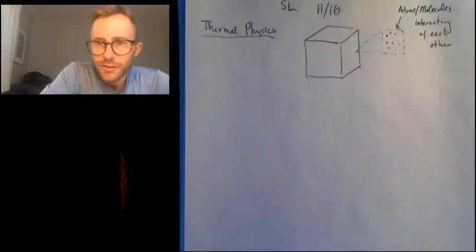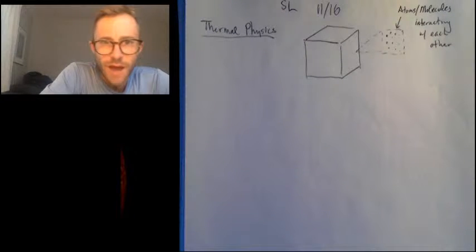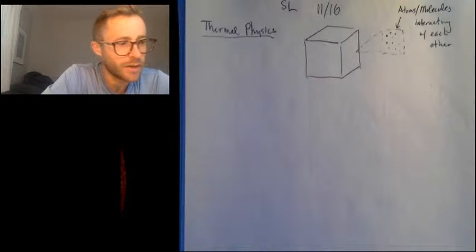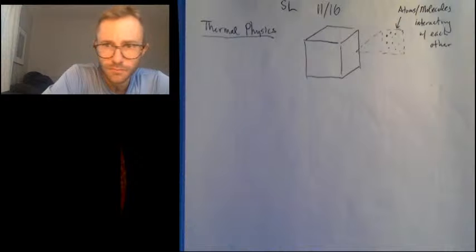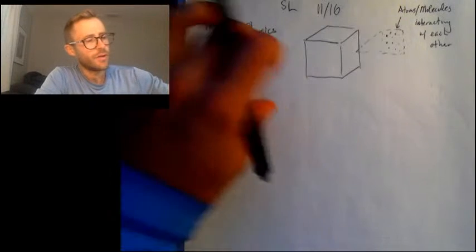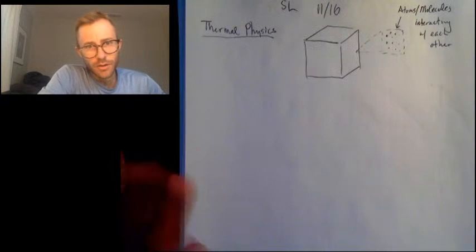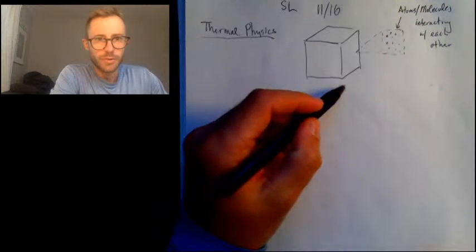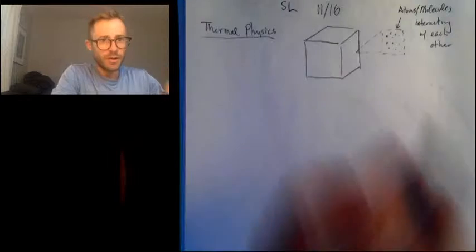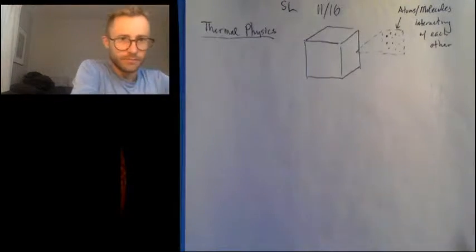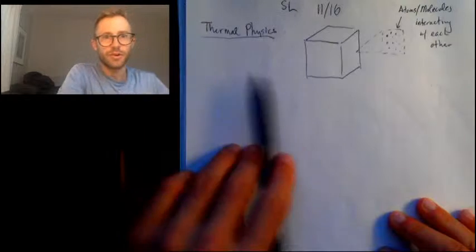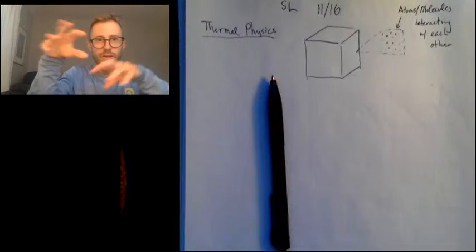Okay, and so this is happening at the microscopic level. So this block could look to our human eyes as just being completely still, but if we were able to zoom in and look at the individual atoms, those individual atoms are actually jiggling in place.